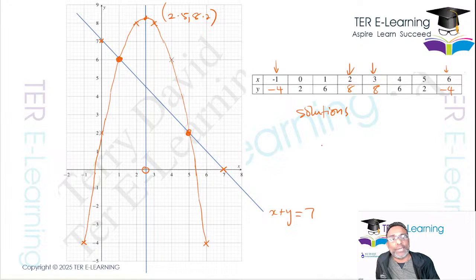So this first coordinate here is going to be 1, 6, right? So that tells me that when x is 1, y is equal to 6. That's one solution. And this second point here is 5, 2. So therefore this solution is x is equal to 5 and y is equal to 2.